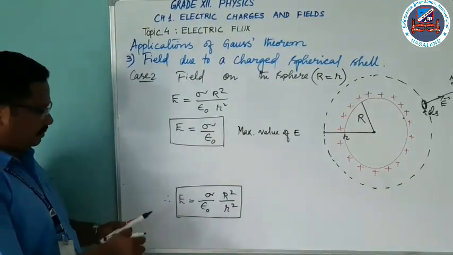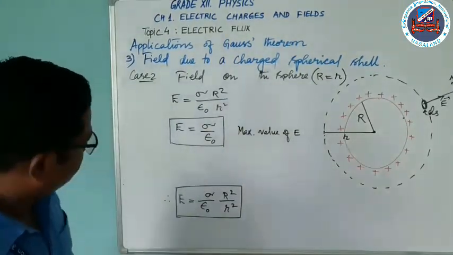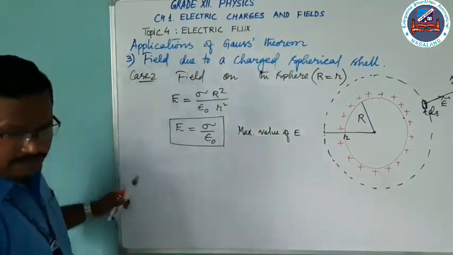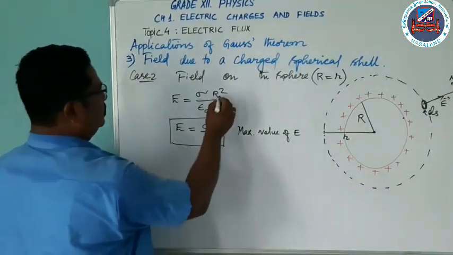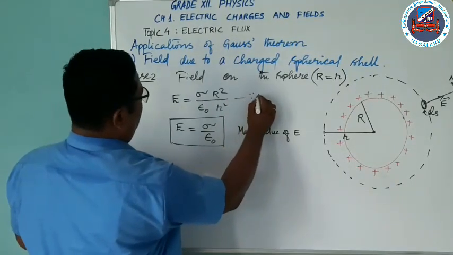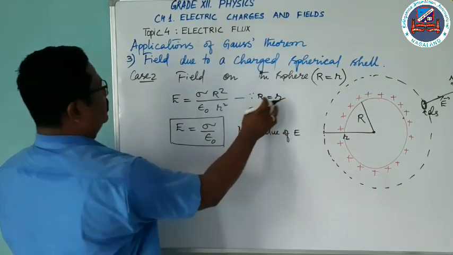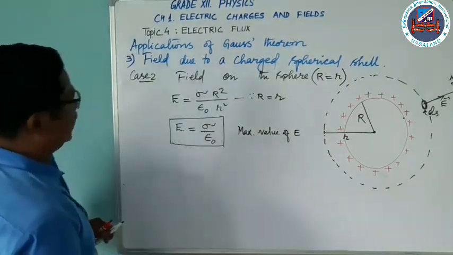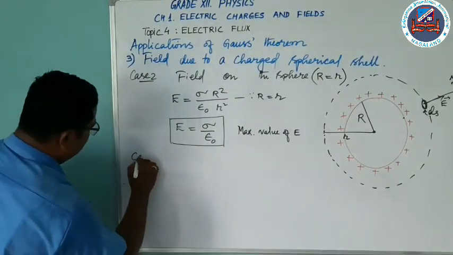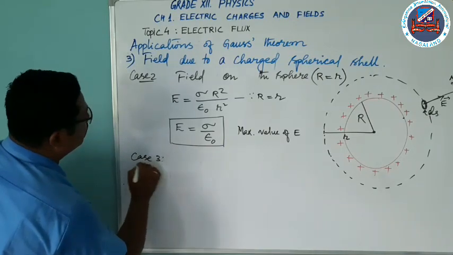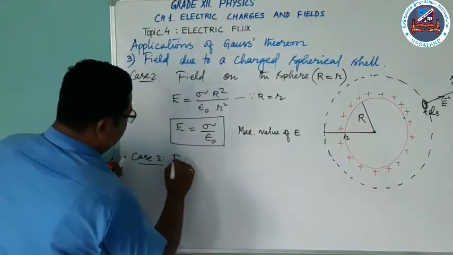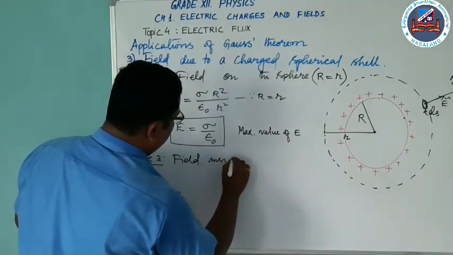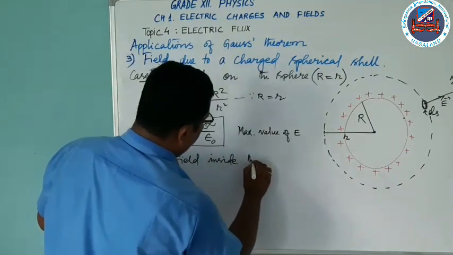Now let us go on to the third case, that is case 3. Here what we have done is these two, since R is equal to r, both will get cancelled. So the remainder is sigma divided by epsilon naught. Then in case 3, let us find out the field inside the spherical shell.